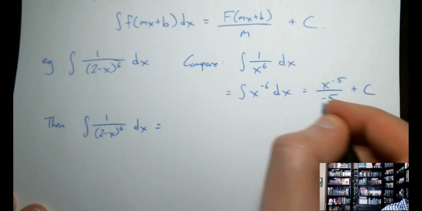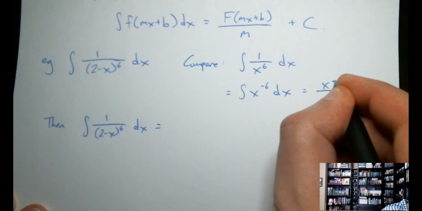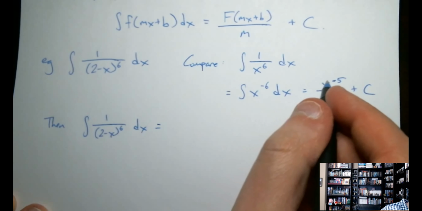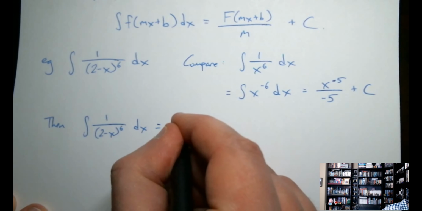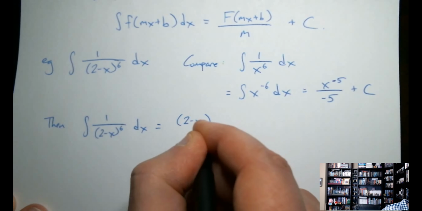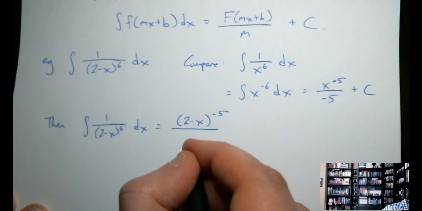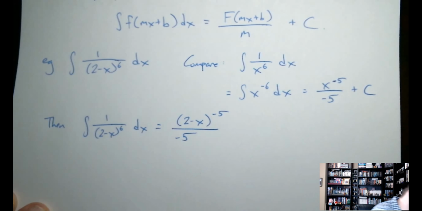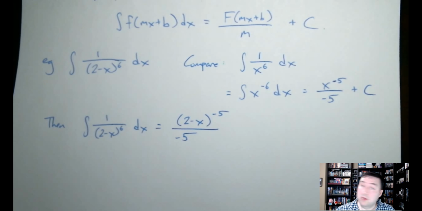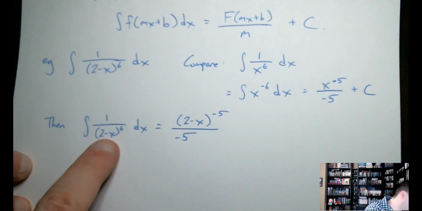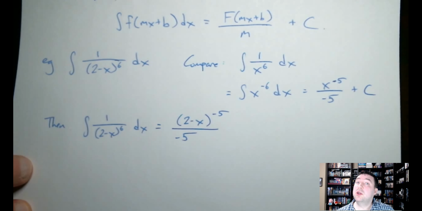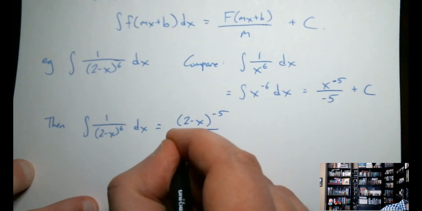So we're going to come over to what we would have gotten from the common integral. We'll replace the x with that linear function. So we'll get 2 minus x all to the power of negative 5. We'll divide by negative 5 because that's what the common integral tells us that we have to do, but we're also going to divide by the coefficient of x, which in this case is negative 1.